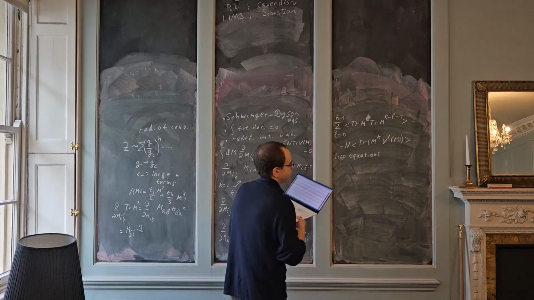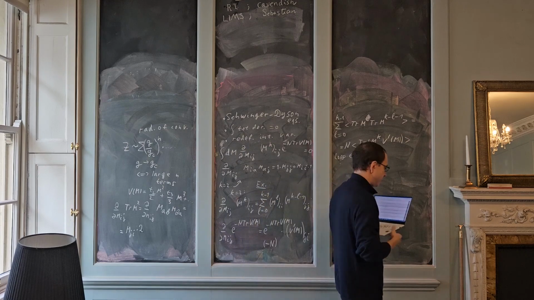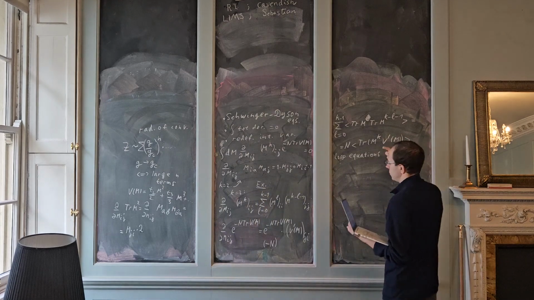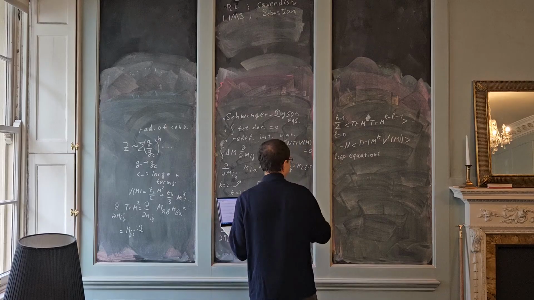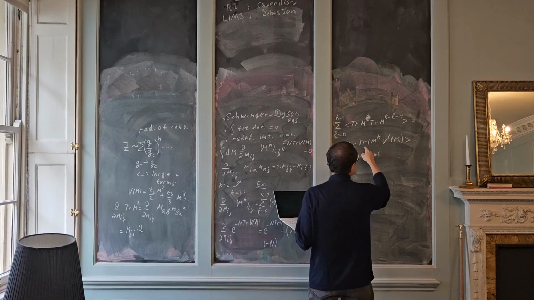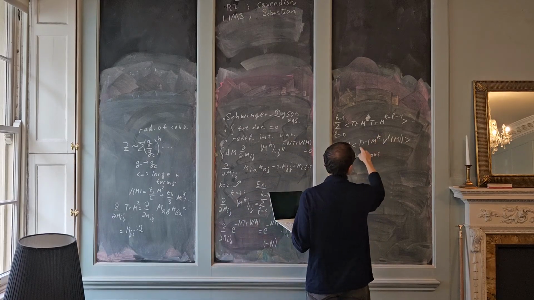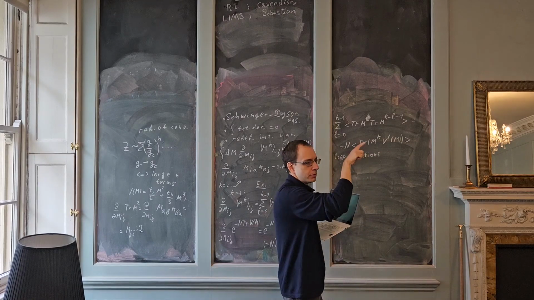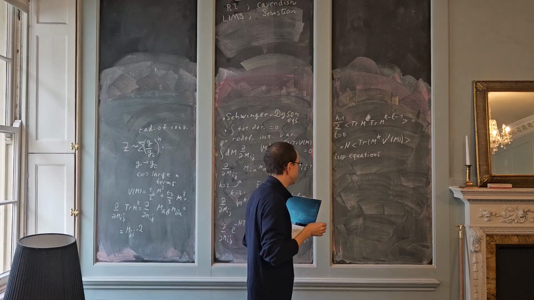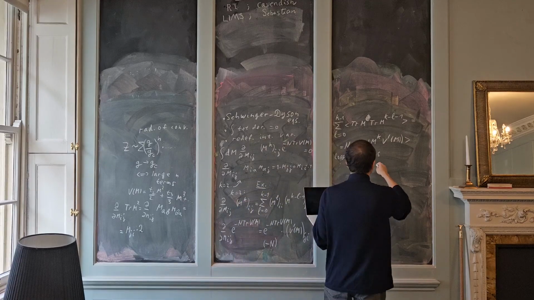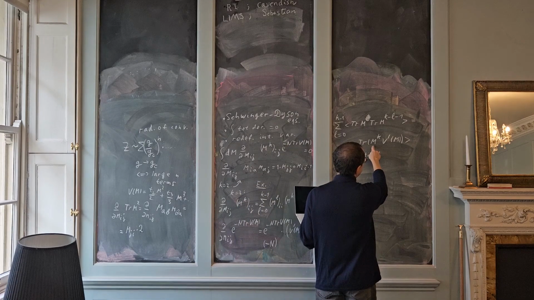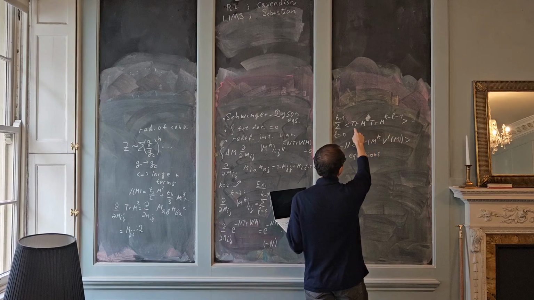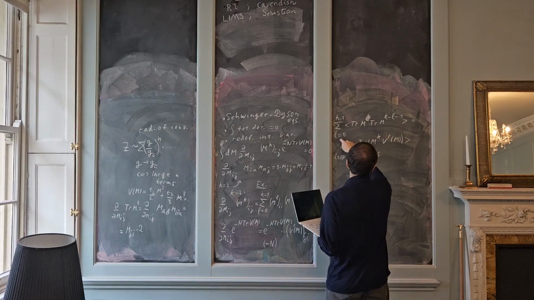So the reason for the name loop equations comes from gauge theory, where one can write similar equations for Wilson loops. Or here, in some sense, one can look at each single trace correlator as some kind of loop, if you write it as a Feynman diagram. So here we have this trace of m to the k, and what we are doing is splitting it into two traces in all possible ways.